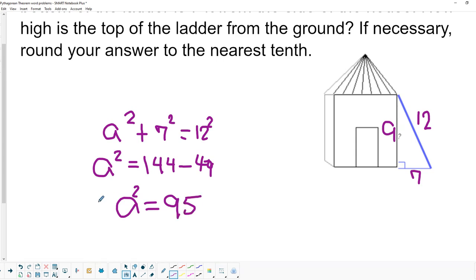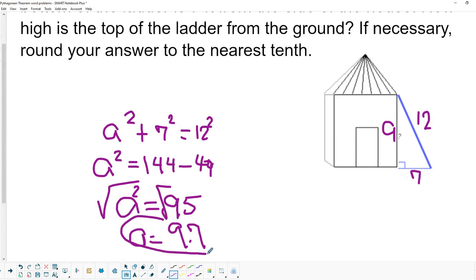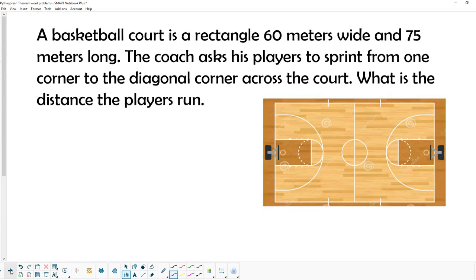And when you take the square root of both sides, that gives us A equals the square root of 95, which is 9.7, rounded to the nearest tenth, as it mentions in the homework. Okay, good job. Keep it going.